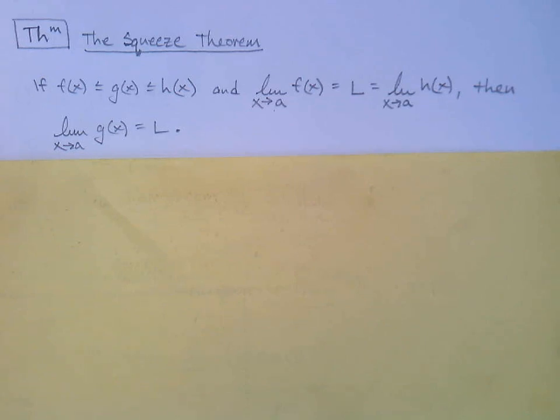So what is the Squeeze Theorem all about? Well, of course, it has to do with limits. Here's what it says, and then I'll explain further before we see an example. If f of x is less than or equal to g of x, which is less than or equal to h of x, so we've got these three functions, and we see how they're related. f of x is always smaller than g, is always smaller than h, or maybe they're equal.